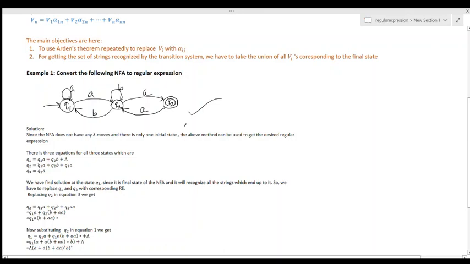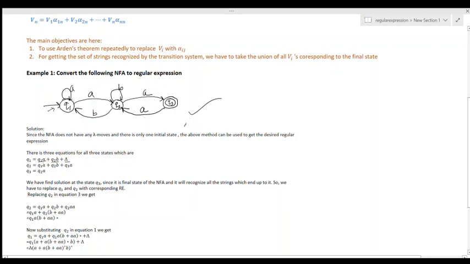For Q1, the input symbol is A. So taking input A, we get Q1A. Then taking B, it comes to Q1 from Q2, so Q2B, and then lambda, because the start state has this state without taking anything, so lambda is used here.